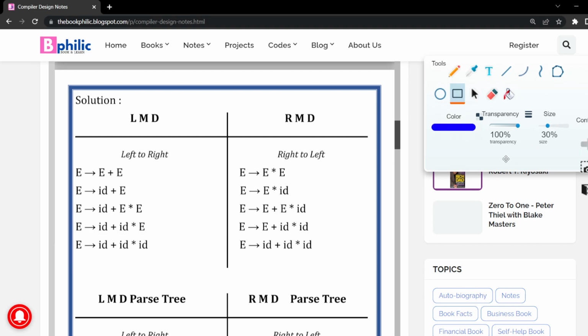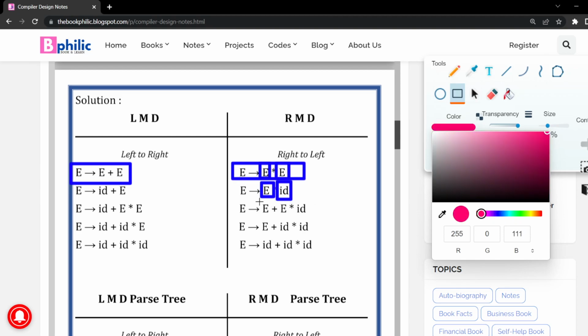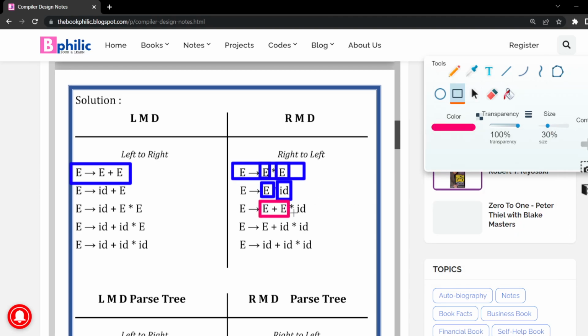Now we will try to derive the same syntax using the other production rule of the grammar, that is E derives E star E. On the rightmost side this capital E is there, and instead of this capital E, which is now the rightmost non-terminal, we will derive this capital E into capital E plus capital E. Now we have capital E plus capital E star id.